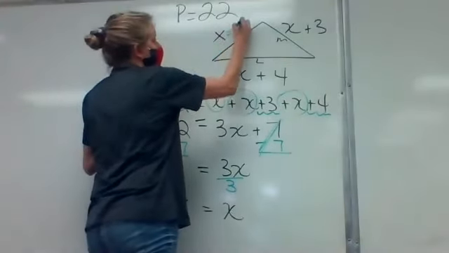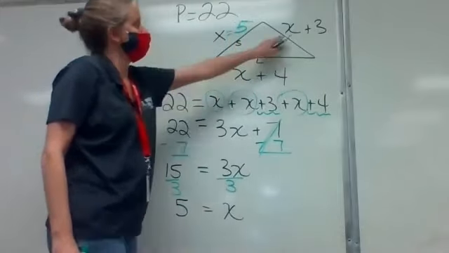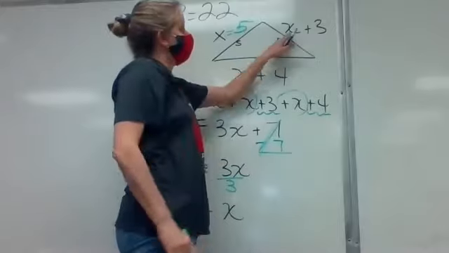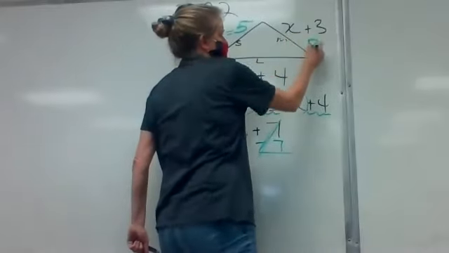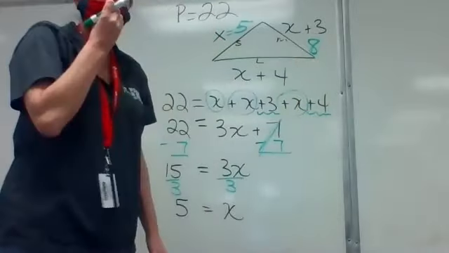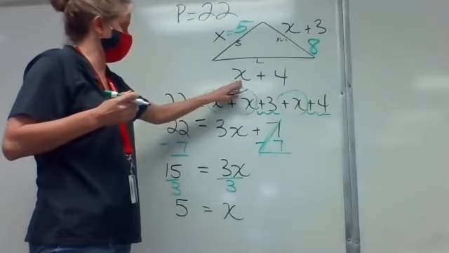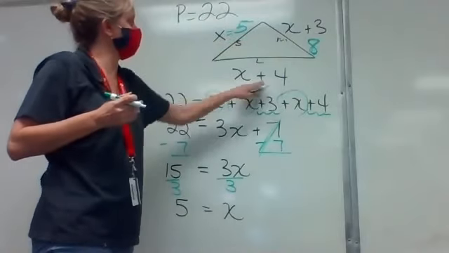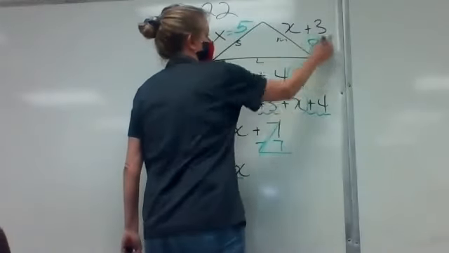Which means your short side is 5, because that's what x is. Your medium side is the short side plus 3, so 5 plus 3, which gives me 8. And then your long side is whatever the short side is plus 4. So 5 plus 4, which is 9.